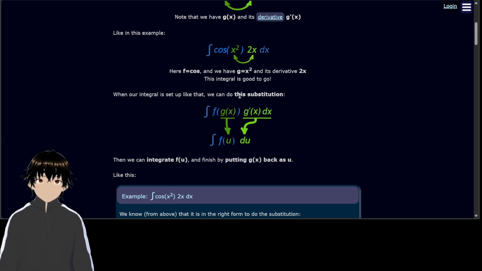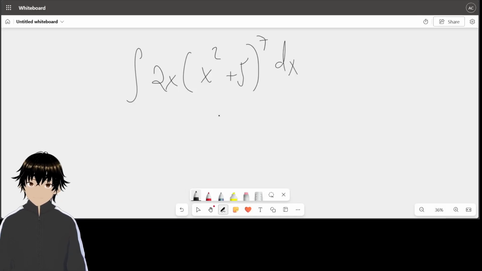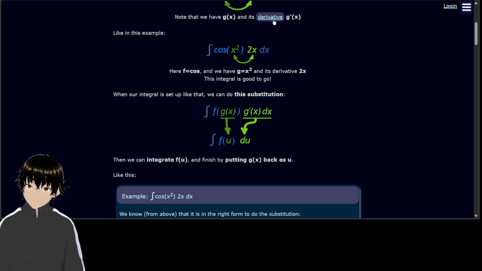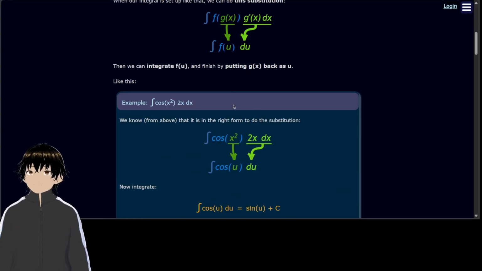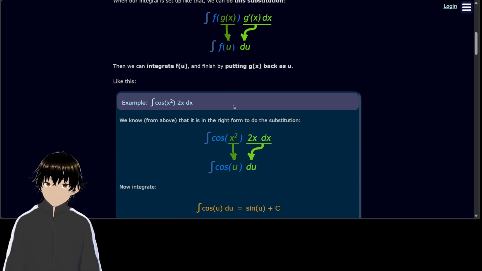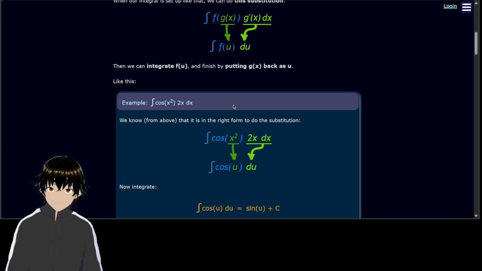So you have to get the derivative of this first. You know from above that it is in the right form to do the substitution.